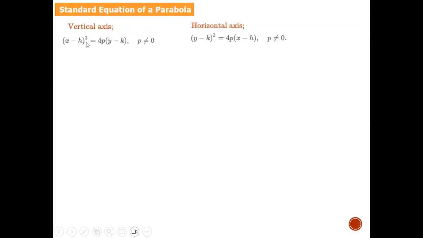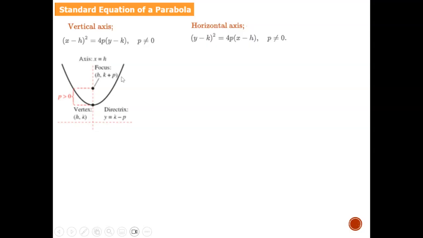If it's a vertical axis, it's (x minus h) squared equals 4p times (y minus k). For the horizontal, it's (y minus k) squared equals 4p times (x minus h). If it's vertical, the one with the x is squared. If it's horizontal, the one with the y is squared. That's how you can tell the difference.